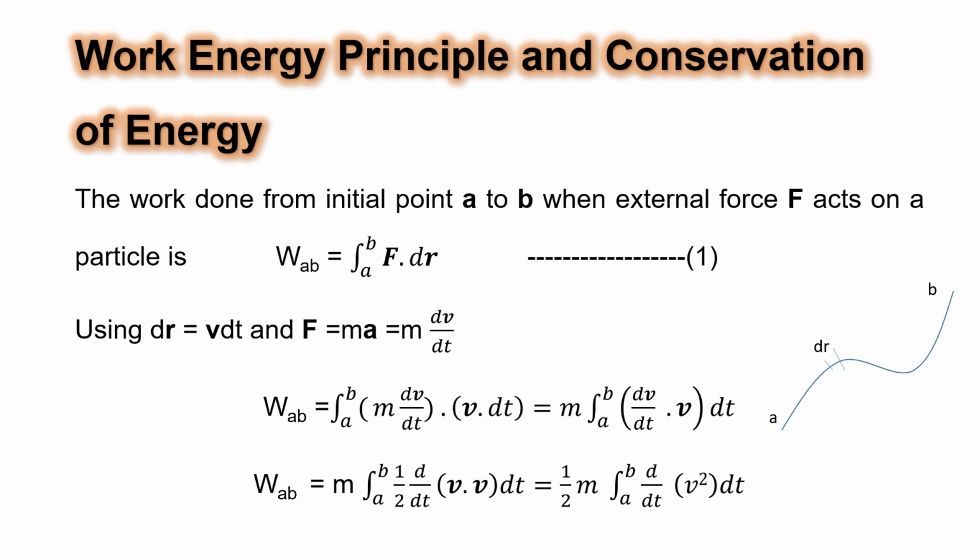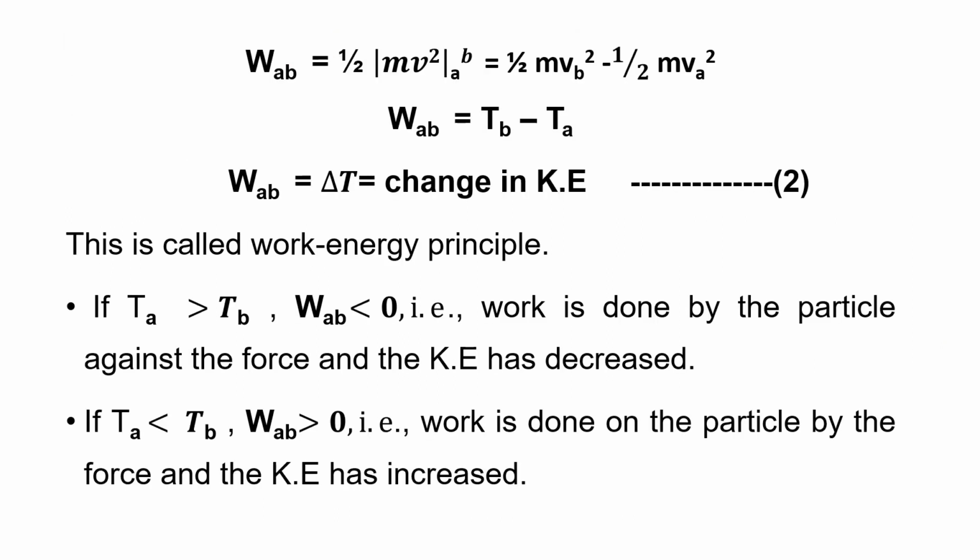Now as we are taking the dot product, we have to solve that part. We know that for v dot v, taking the differential and applying the product rule, d by dt of v dot v equals 2 dv over dt dot v.